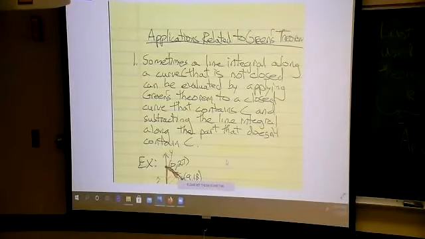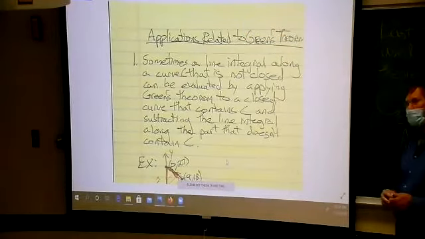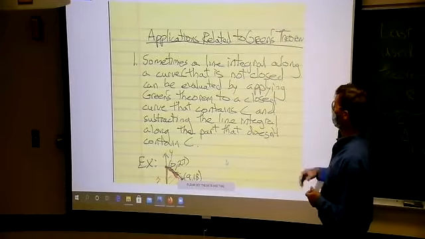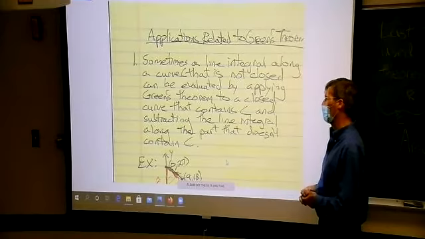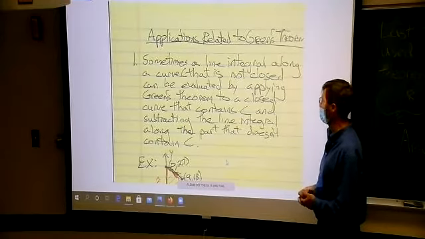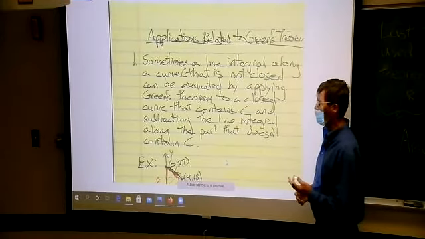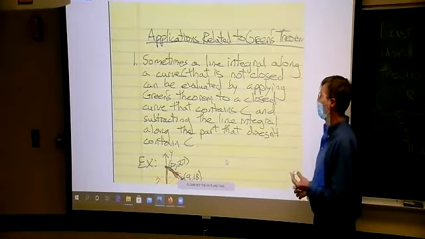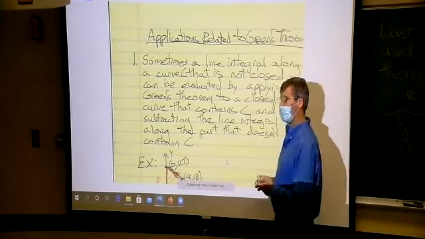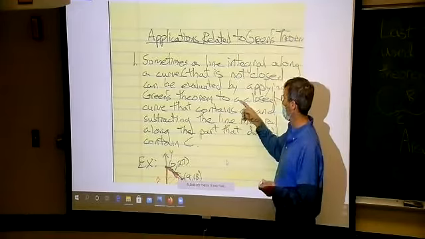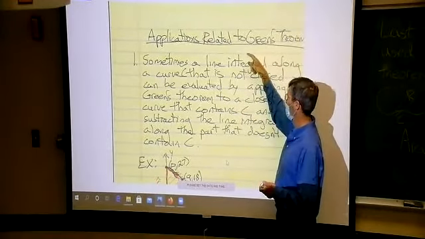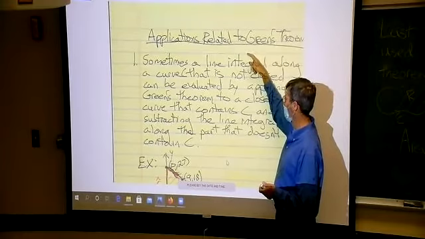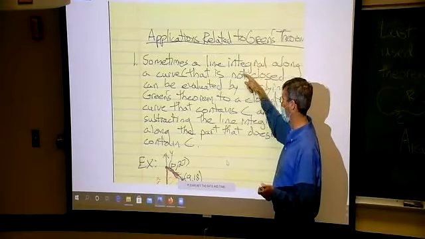Here's some more uses of Green's theorem. Once in a while, you get an integral along a curve that's not closed, and so Green's theorem doesn't apply, but it's a hard line integral. What can you do? Sometimes you can cleverly use Green's theorem still to evaluate it, because if you've got some terrible curve that's not closed, you can just take something easy to close it, like a line segment.